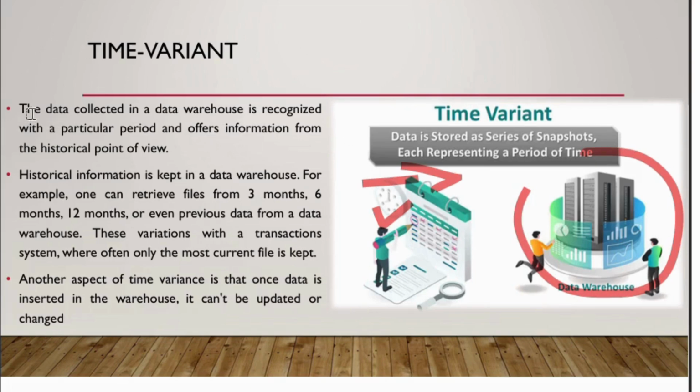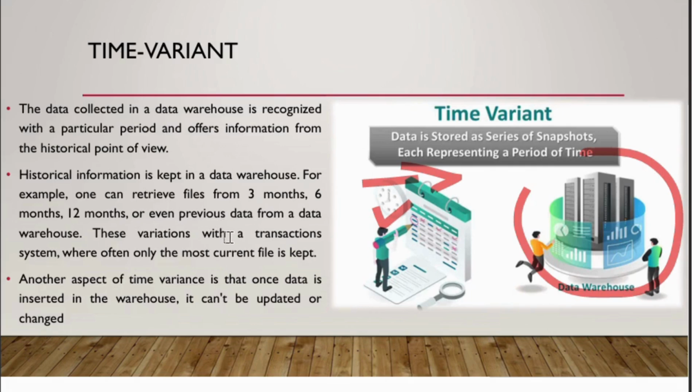Let us look into the definition of it. The data collected in data warehouse is identified with a particular period and offers information from historical point of view. Historical information is kept in data warehouse. For example, one can retrieve files from 3 months or 6 months, 12 months, or even previous data from data warehouse.